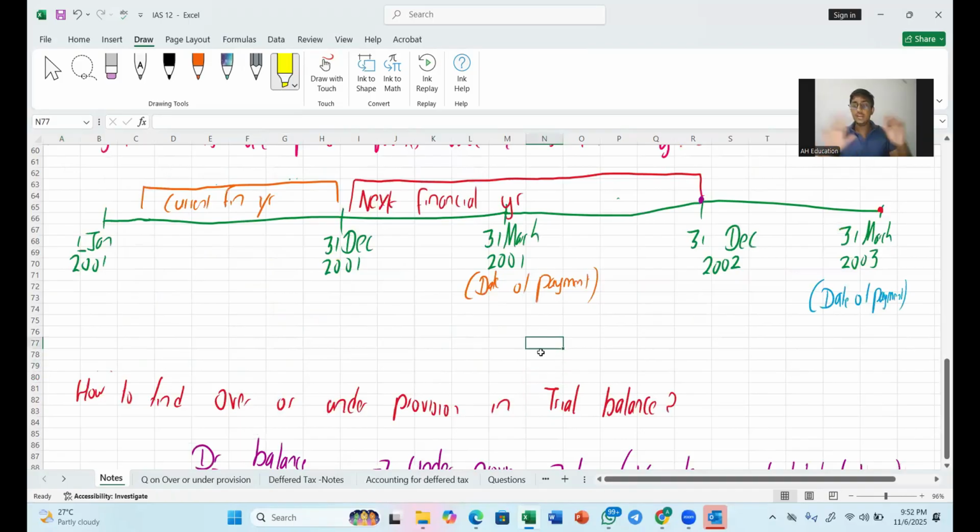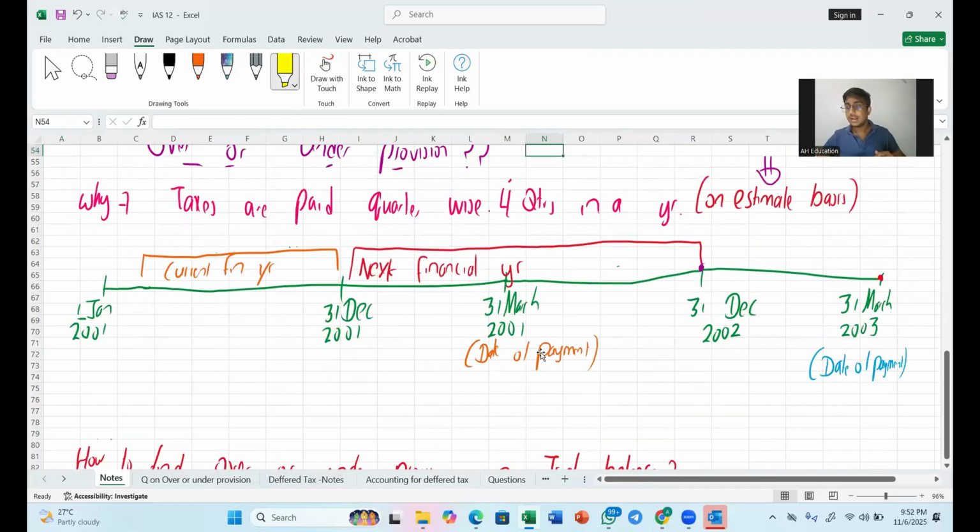Can you see this time scale that I've given you? You need to understand that both current taxes as well as deferred taxes are paid on an accrual basis. We do not pay them on a cash basis. What do I mean by that? Look at this. Consider 1st January 2001 to 31st December 2001 as your current financial year. Now, the tax expense or the tax payment will not be paid on 31st December 2001.